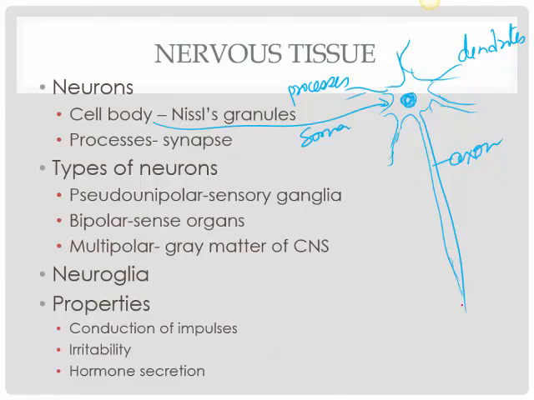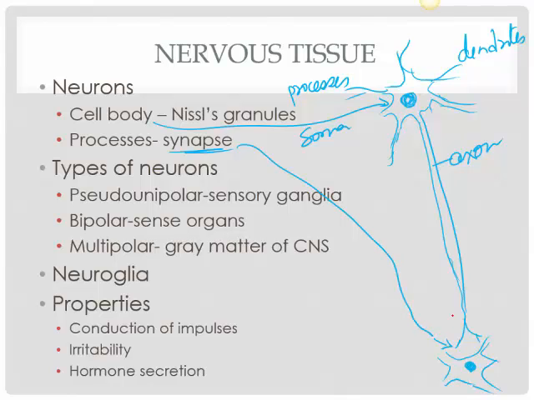This neuron will come down and then meet another neuron, so let me draw another neuron up here. Where it meets another neuron, there's no cell-to-cell contact. There's a small gap between the two neurons, and that area is called a synapse.